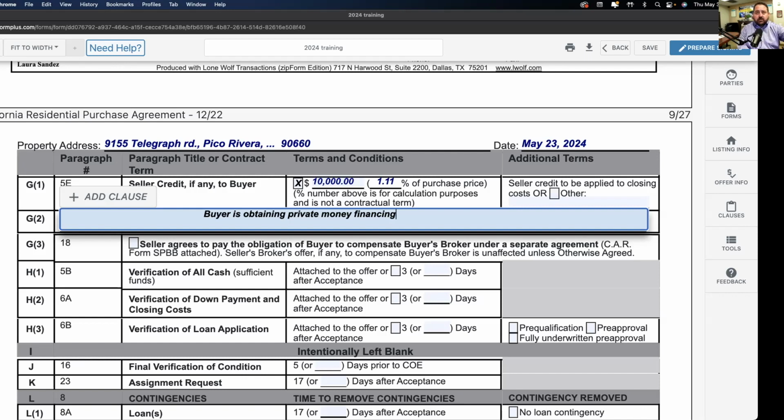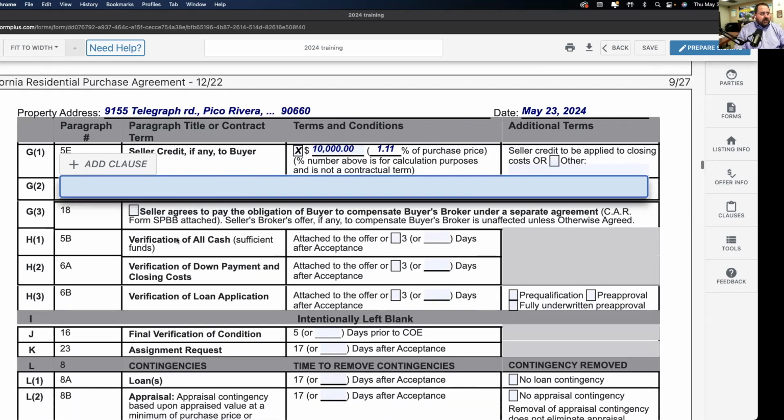Well, if I don't disclose that it's hard money, then my proof of funds is really going to be that approval from the private money financing, from the hard money lender, that's going to show what the conditions are of how I get the money and in what period of time, right? So if I don't disclose that, then was I telling the truth when I submitted my offer by writing it as if it was cash, even without checking all cash? No, I'm not being clear with the seller. So we've got to disclose that if we're going to have an offer that is hard money loan, okay? Has to be that way.